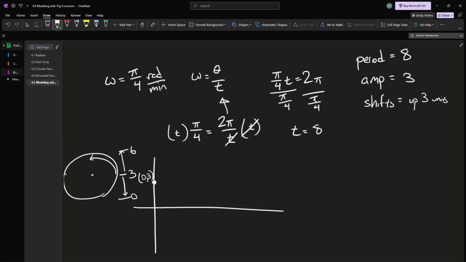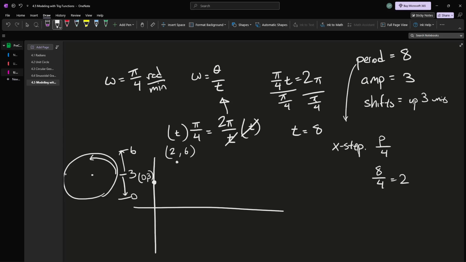And we can continue to graph. So sine goes up. I'm going up to 6. But I don't know my x. To find our x, we need to look back at our period and find my x step. X step is period over 4. So 8 divided by 4 gives me 2.